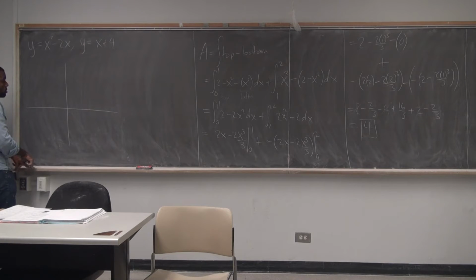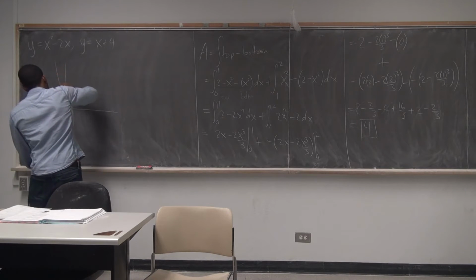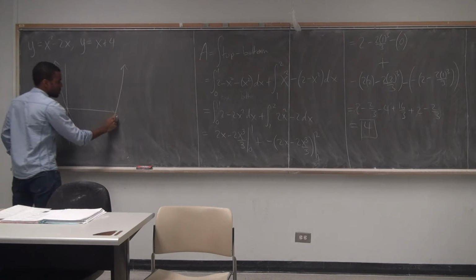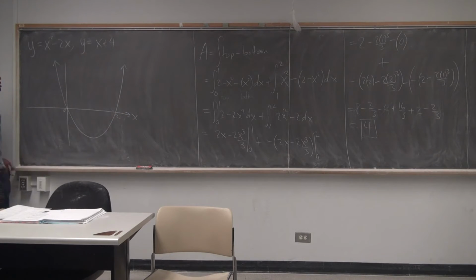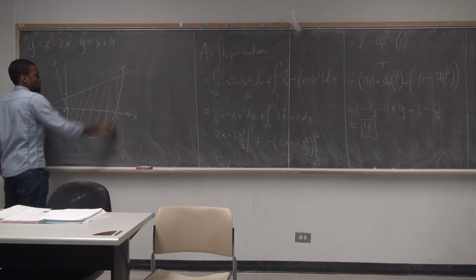What are the x-intercepts? So I know it goes through 0 and it goes through 2. Then this guy, what does that look like? The y-intercept is 4 and it has a positive slope, positive 1, so it looks like that, where this is going through 4. So that's the area that I want.